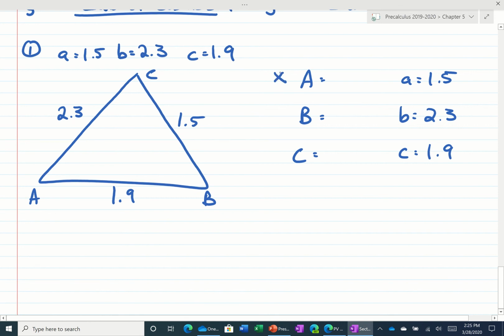So I'm going to go ahead and find angle B, because B is the largest side, so it should have the largest angle. The way I figure out angle B is I do the cosine of angle B is equal to A squared plus B squared minus C squared over 2AB.